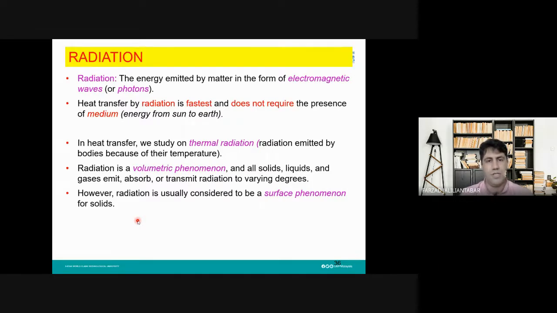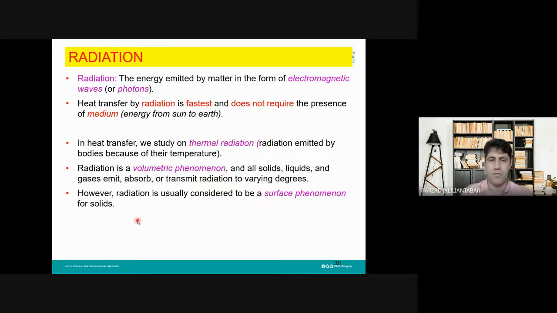And for convection heat transfer, if you remember, we have some conditions. First of all, we need to have a solid surface. Then we need to have a fluid. It can be liquid or air in contact or in the vicinity of the solid surface. And the more important thing for convection is the motion of the fluid.